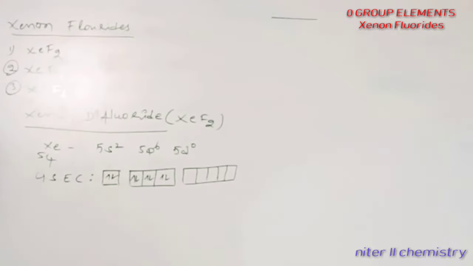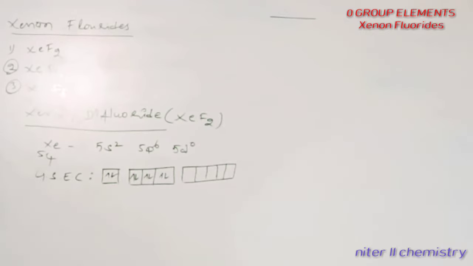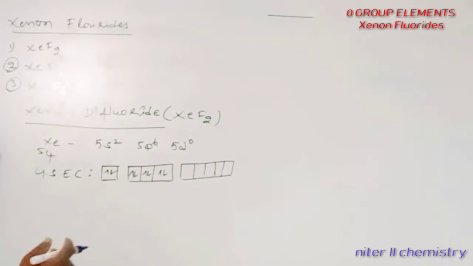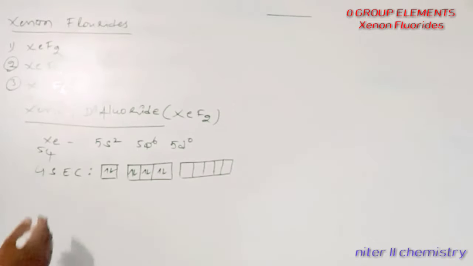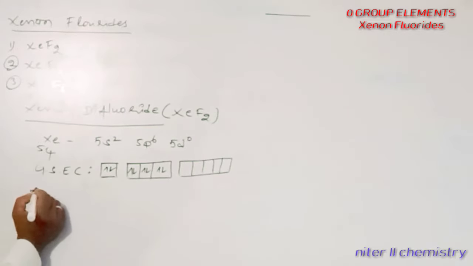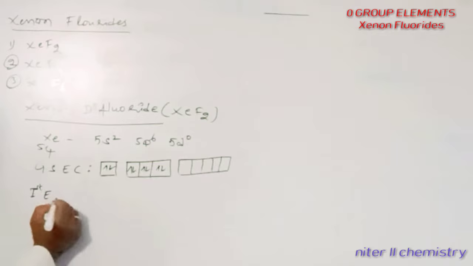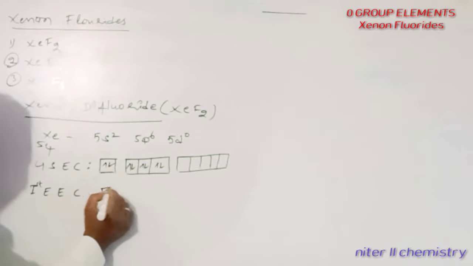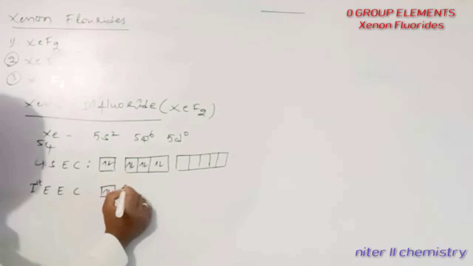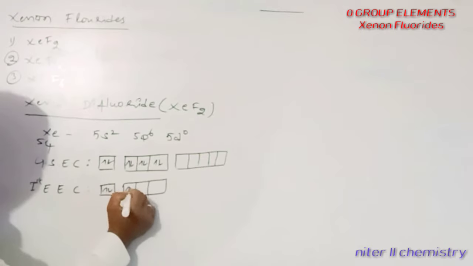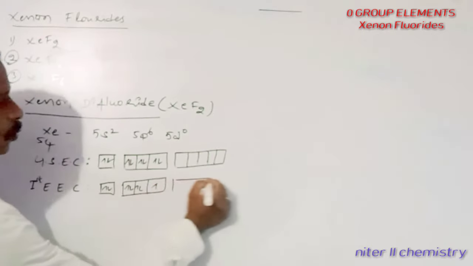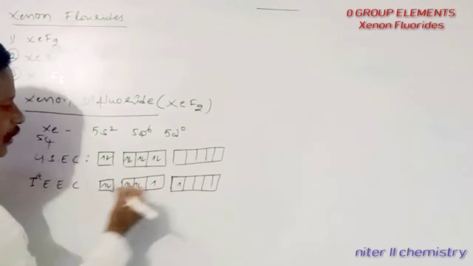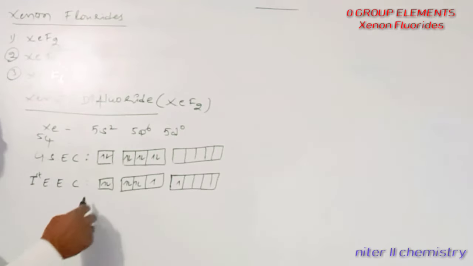Due to the approach of chlorine to xenon, one electron of pz is excited to the d orbital. This is the first excited state electron configuration. Then we get 2 unpaired electrons in xenon.